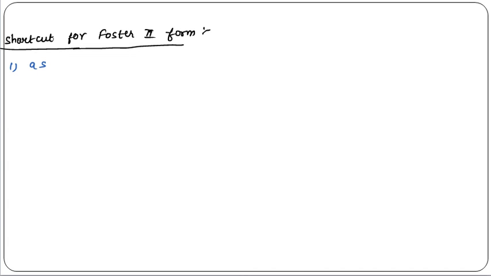So if in the partial fraction you get a value in the form a into s, it means you will have a capacitor in the circuit and the value of the capacitor will be equal to a. The next element is if you get a by s in your partial fraction, this indicates that you will have an inductor and the value of the inductor is 1 by a. Okay, so this is 1 by a.